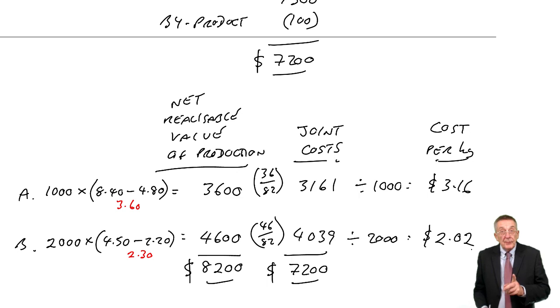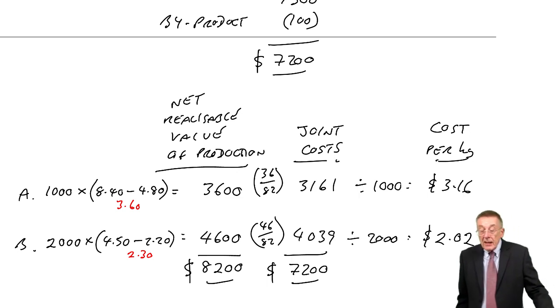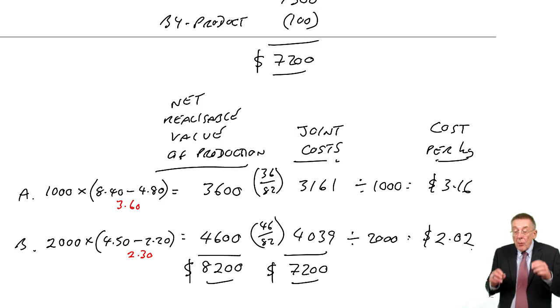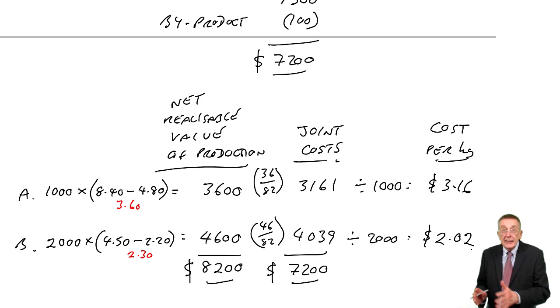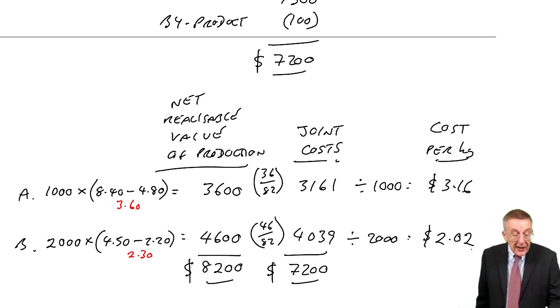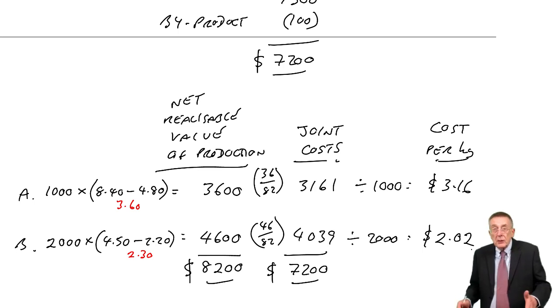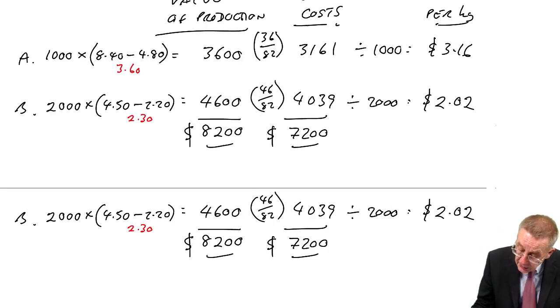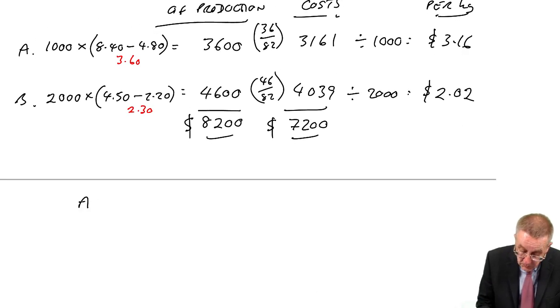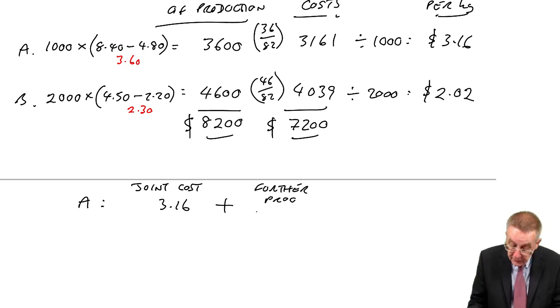Finally though, and be careful because there's one last step. That's the cost we're giving per kilo when it leaves the process. But remember, the final cost will be higher because each of them need further work done separately, putting in the bottle or whatever it was. So the final cost for A, it's the joint cost of 316 plus the further processing, which for A is 480.